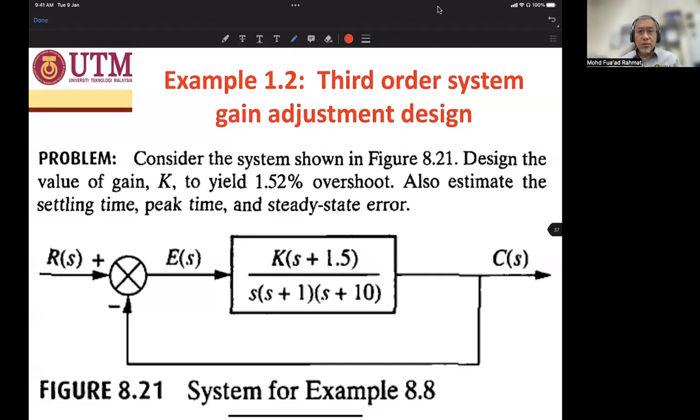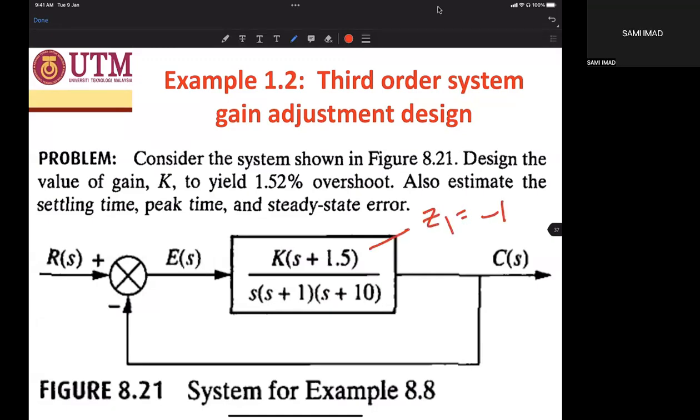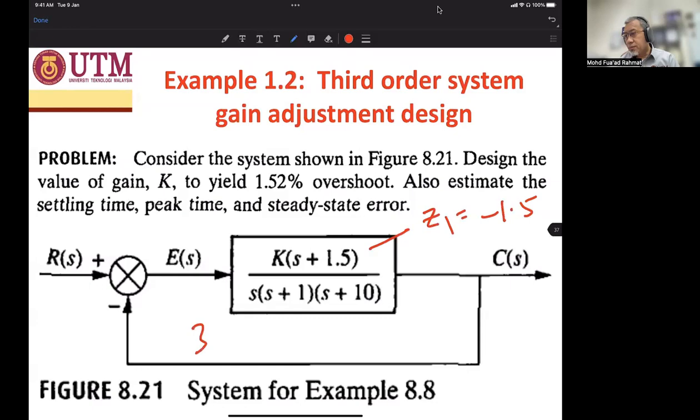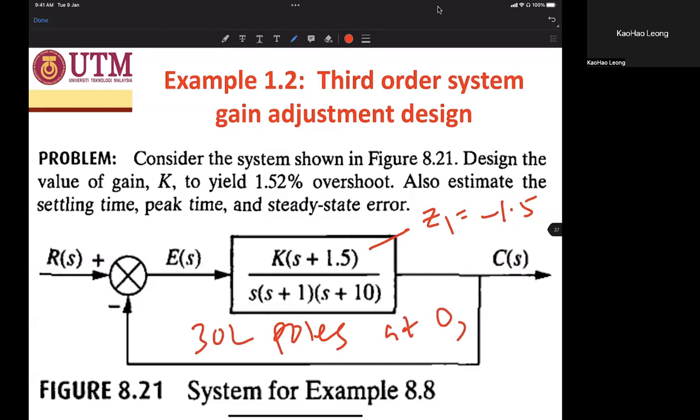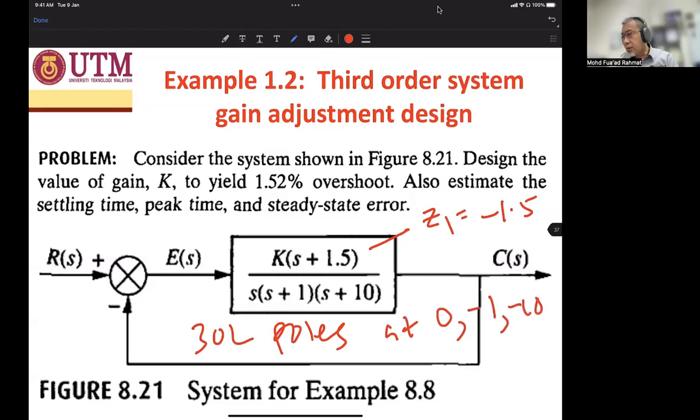So we move to example 1.2, third order system gain adjustment design. Looking at another example, where the zero is given at minus 1.5, and the three open loop poles are at 0, minus 1, and minus 10.